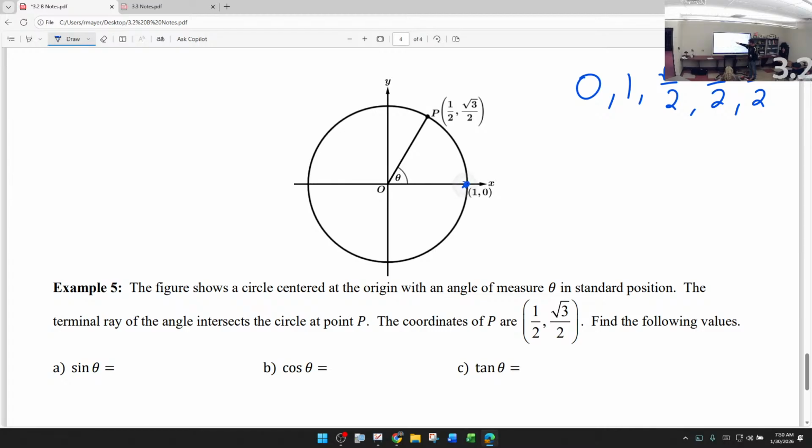If it's right here, it's going to be a 0 or a 1. Just depends on if we're talking about sine or cosine. Right here, it's going to be a 0 or a 1. It only matters if we're talking about sine or cosine. Right here is going to be a 0 or a 1, but the 1 is going to have to be negative because it's that way.